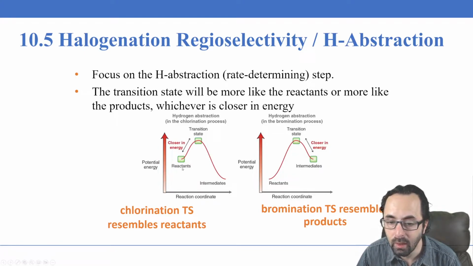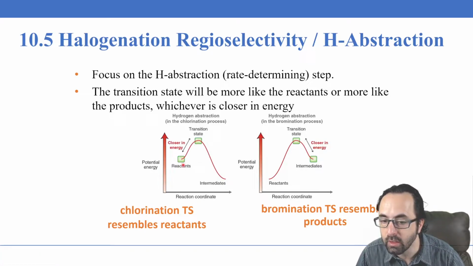So in the case of the chlorination, the transition state is very much like the reactants because it's closer in energy to the reactants in the hydrogen abstraction, and the intermediate is much more stable as a secondary radical. However, in the case of the bromination, the intermediate is produced whether it's secondary or primary.